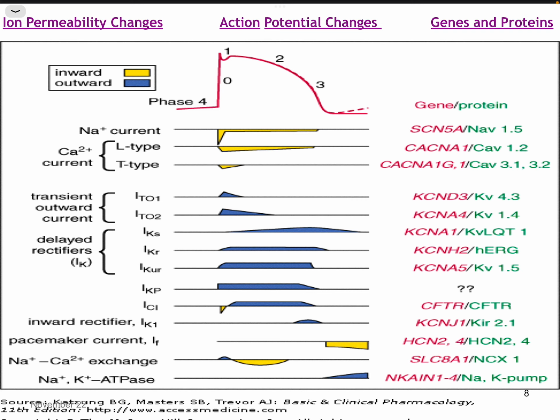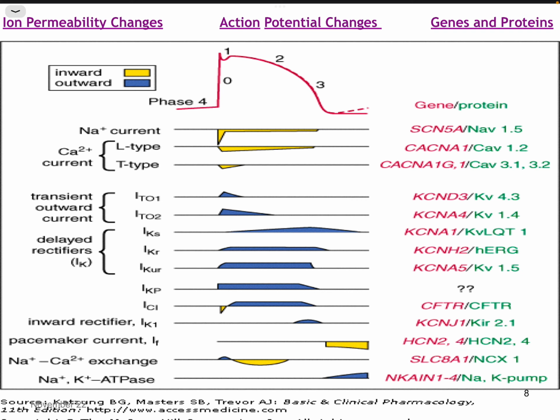And let's here remember the pacemaker current, the IF. It stands for what, the IF? Sodium. What does the F mean, do you remember? Funny channels. So, in funny channels mainly enter sodium and calcium, and they are responsible for the leaking of ions that is present mainly in the SA node.